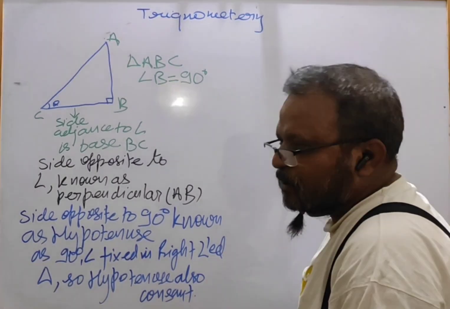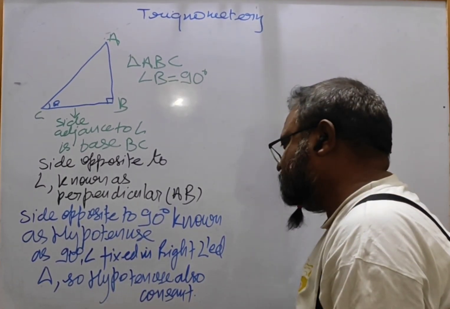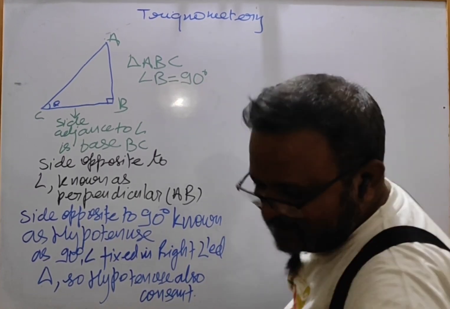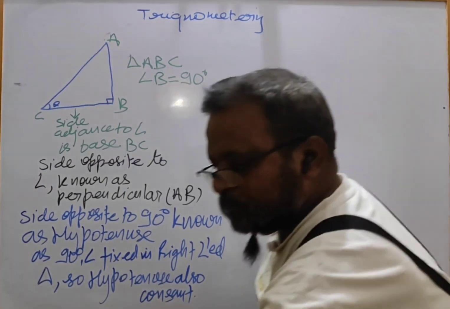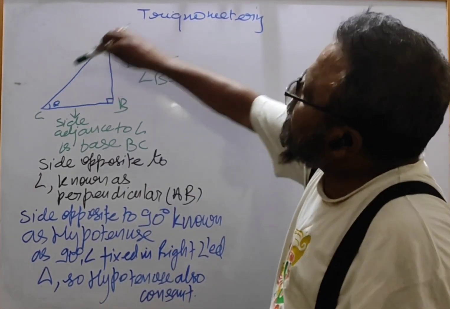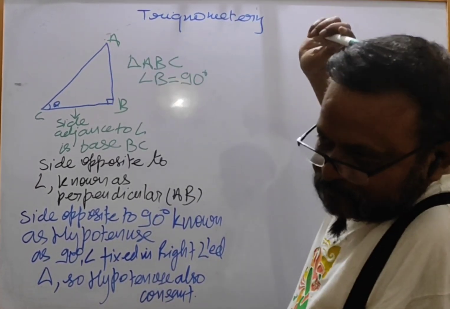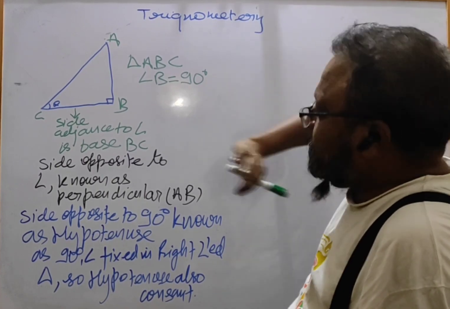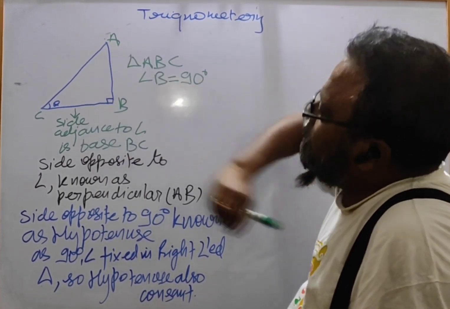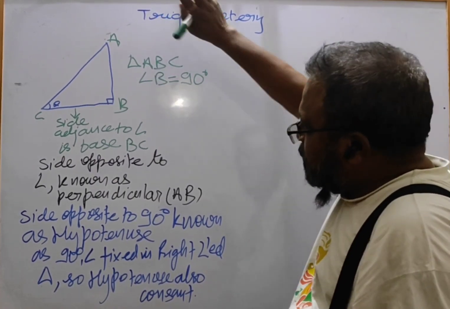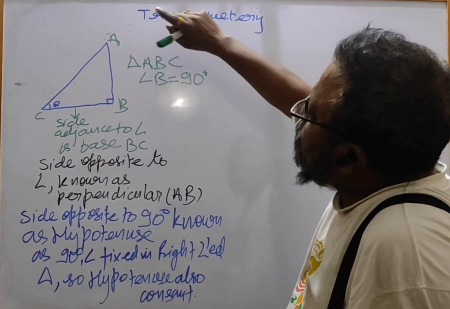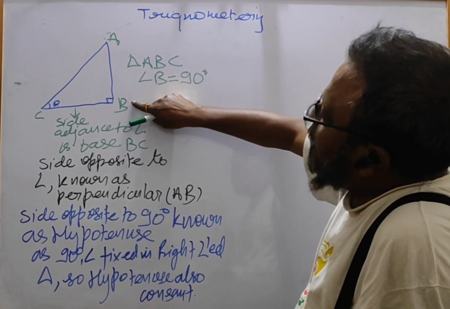Either I am not able to explain you, or you don't understand. Point is that what I tried to explain you, this ABC is a right angle triangle. Any right angle triangle, it is ABC, there may be PQR, there may be XYZ, whatever it is. In right angle triangle, one angle will be of 90 degree.